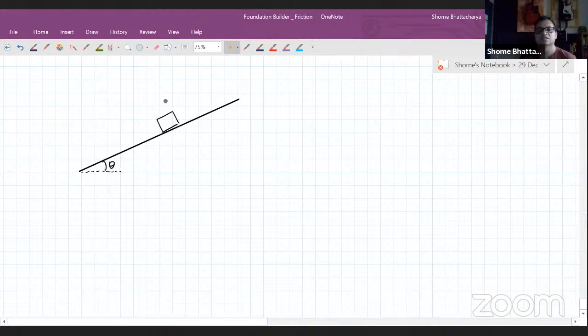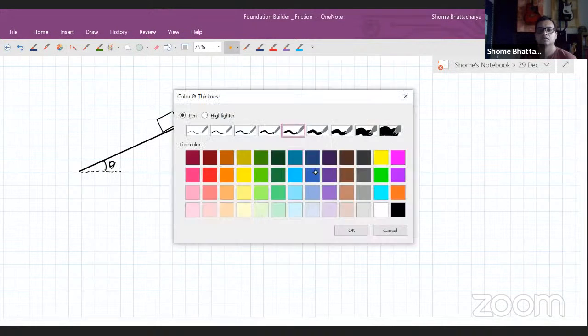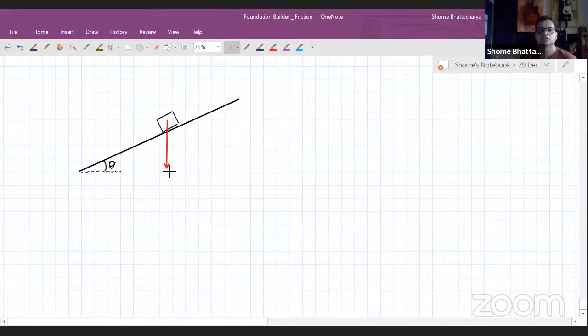So if this angle is theta, then the gravitational force acting on it, which is vertically downwards, will always be such that it makes an angle of theta with the normal to the inclined plane. This is the normal to the inclined plane. The gravitational force will make that angle theta with it.